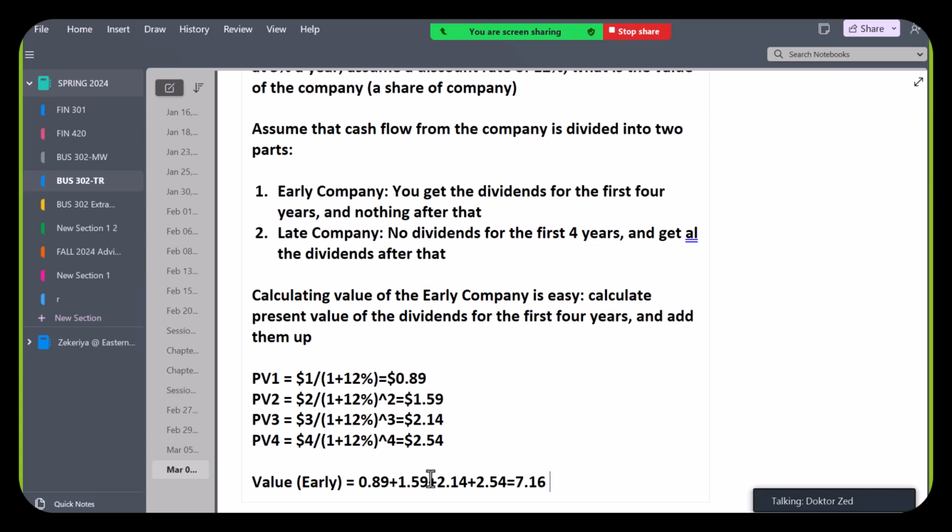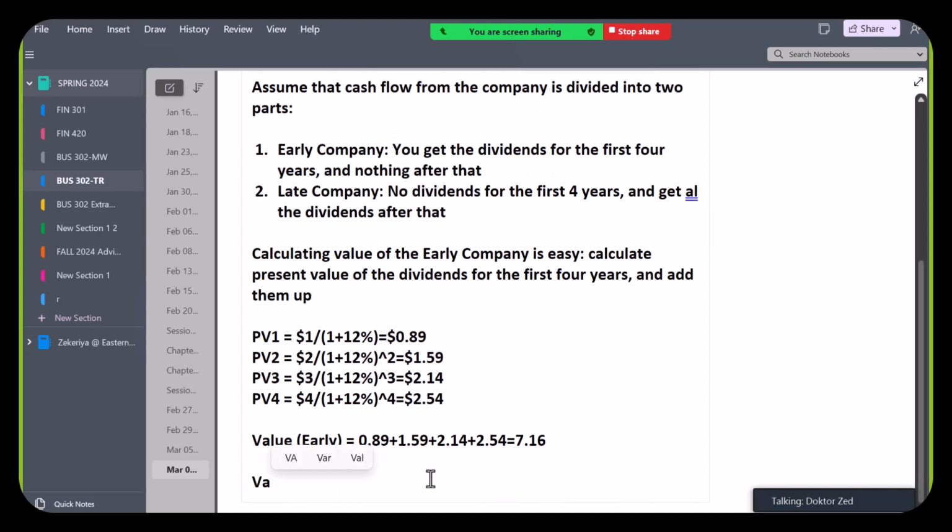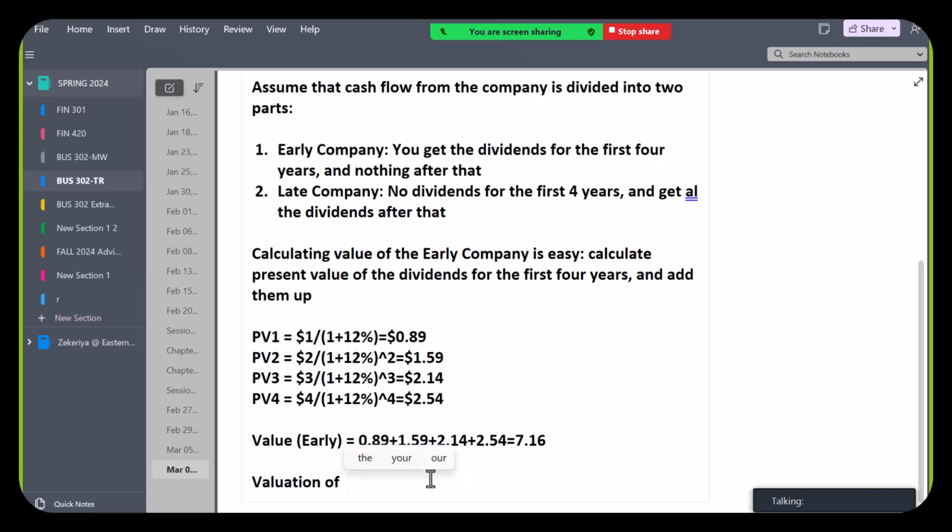In fact, certain companies do sub shares. You know, you get a certain percentage of earnings as dividends, and the rest, whatever there is left. Now, let's think about the valuation of the late company.